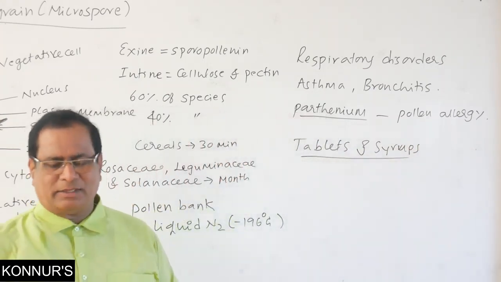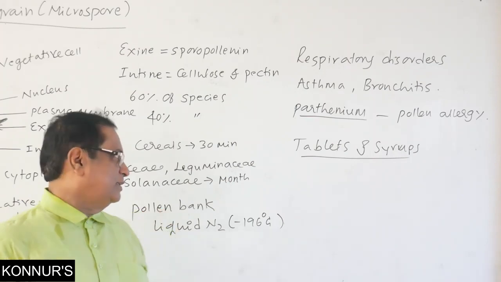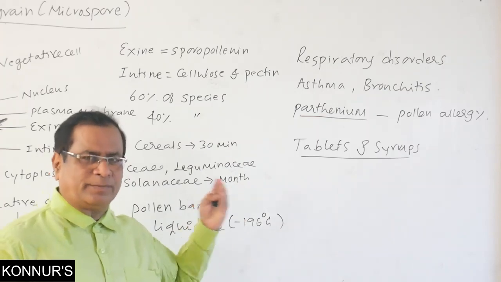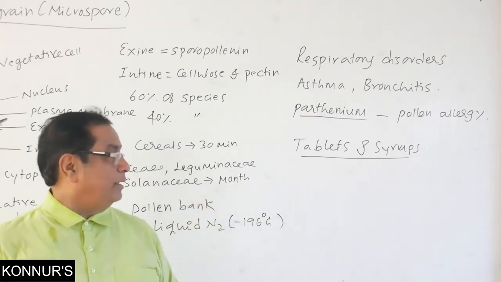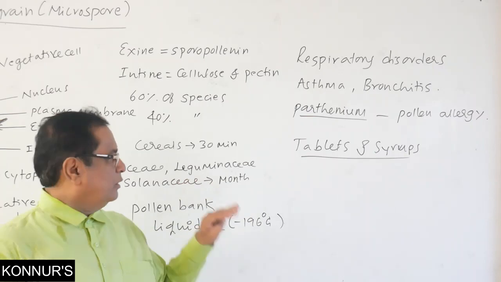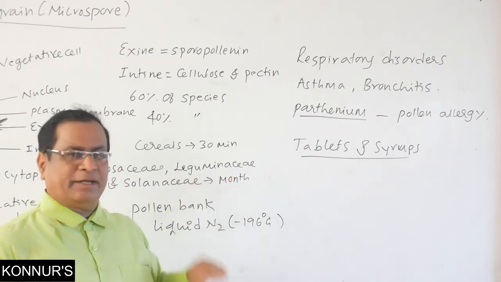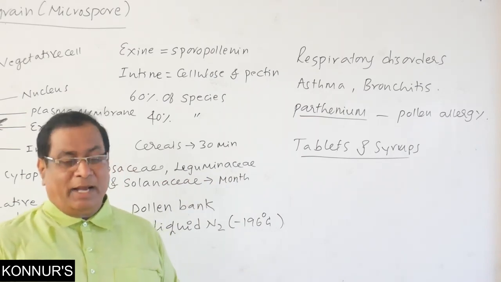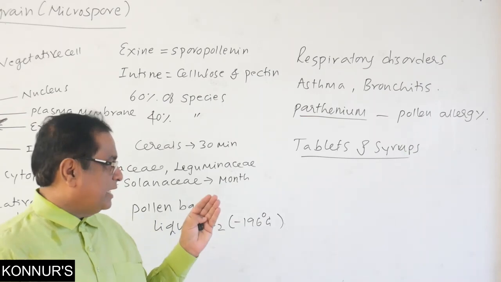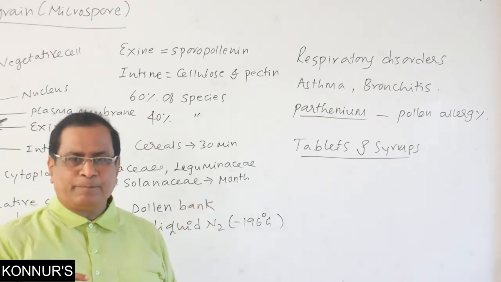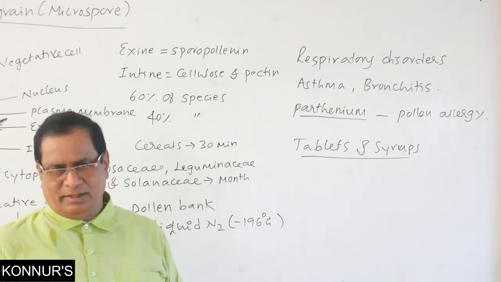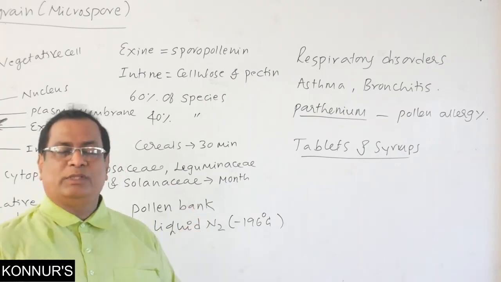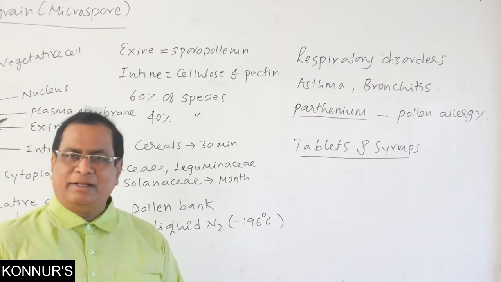Tablets are available in Western countries, and syrups also, and they believe that if they take tablets and syrups, there would be high performance by sportsmen. Even these tablets and syrups can be used for race horses, so that their performance will be at maximum due to the pollen tablets and syrups.